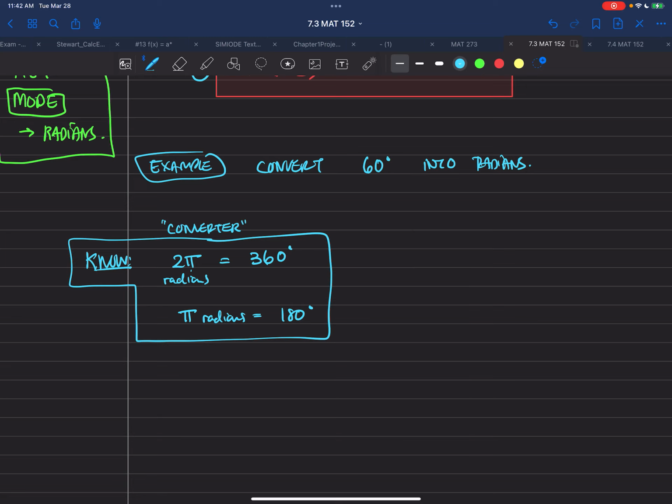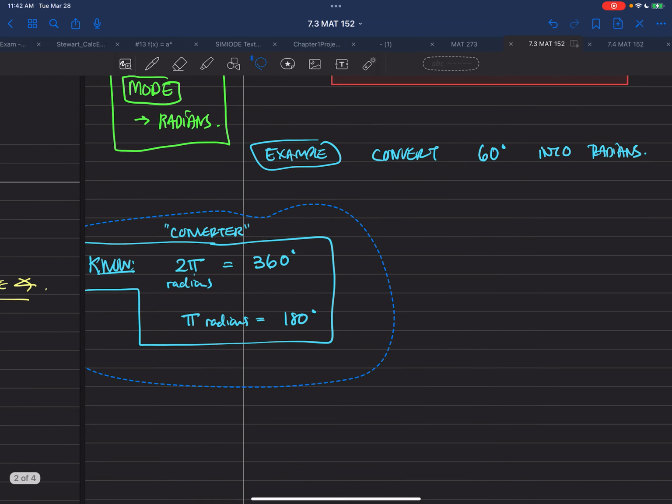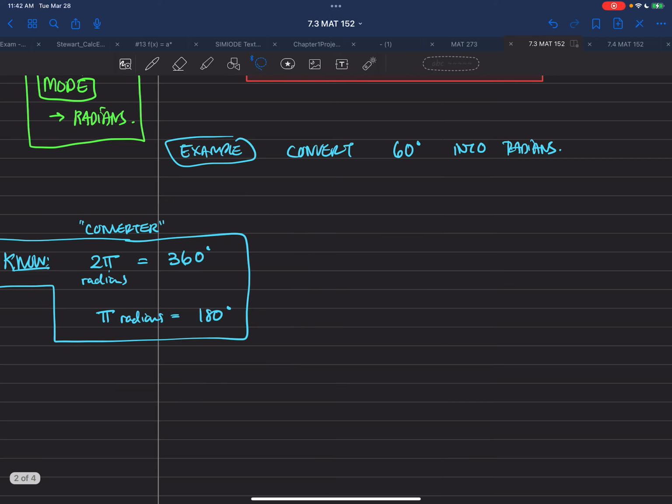All right, so if I want to convert 60 degrees into radians, we're going to start with 60 degrees, and we're going to use this tool here. Since this is equal, that means that pi radians over 180 degrees is equal to 1, right?